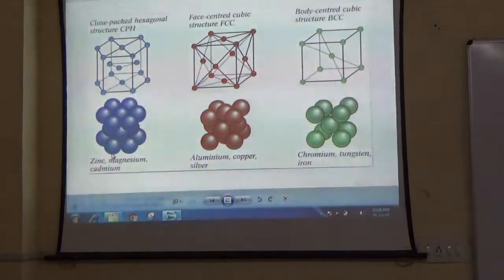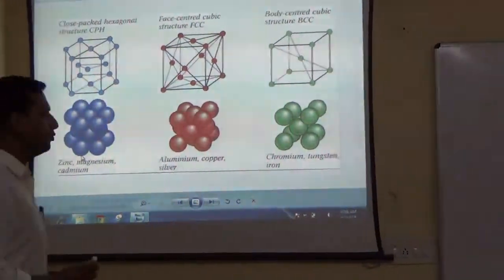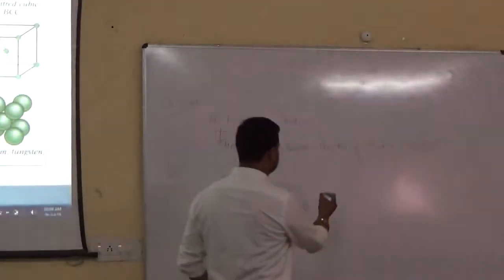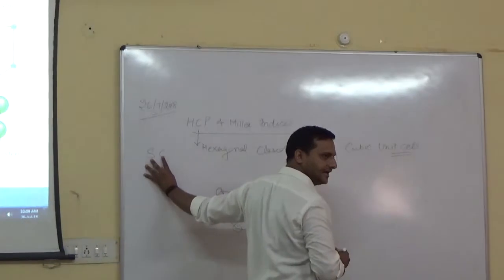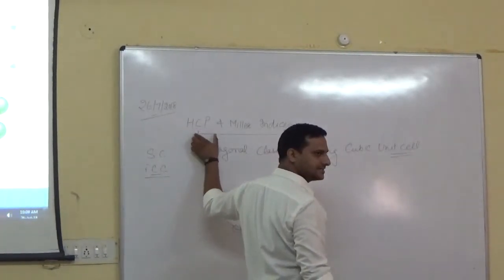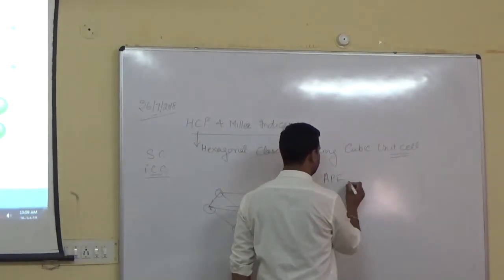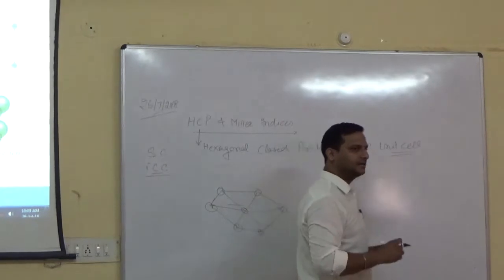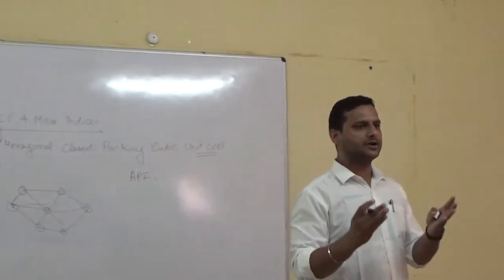packed structure. Okay, so for finding the atomic packing factor, as we already calculated for the simple cubic as well as for the FCC and BCC, we also have to calculate the APF for the hexagonal close packed structure. What do you mean by APF? Atomic packing factor. How much volume is occupied by the atoms in a particular unit cell.